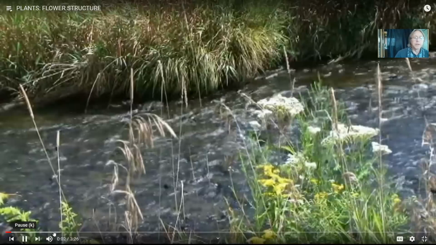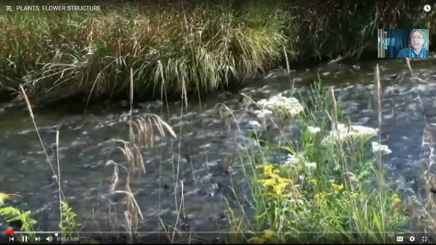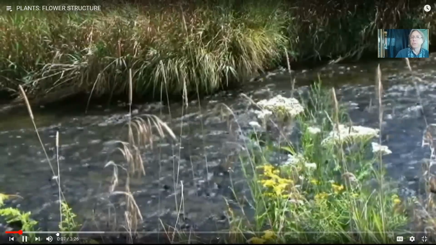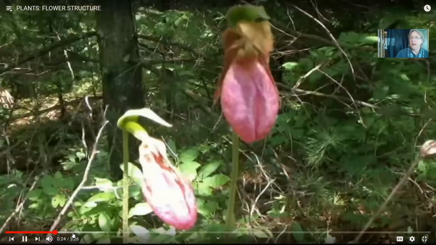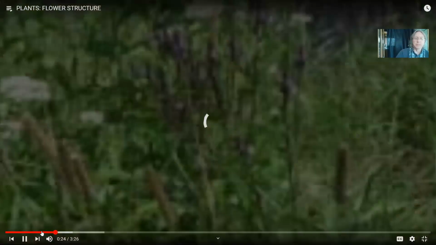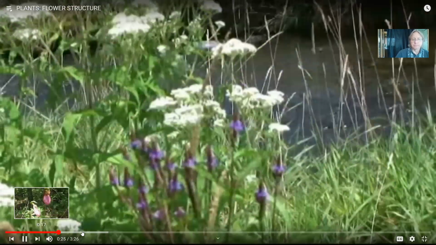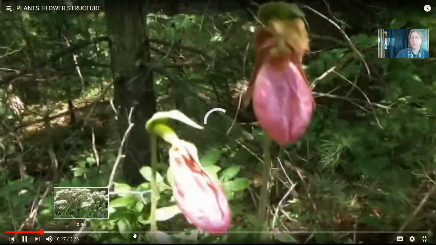Among other variations, certainly we can look at the differences in flower structure in terms of number of petals. If you were trying to identify a flower, some have irregular shapes, like the pink lady slipper orchid, which grows in our area.